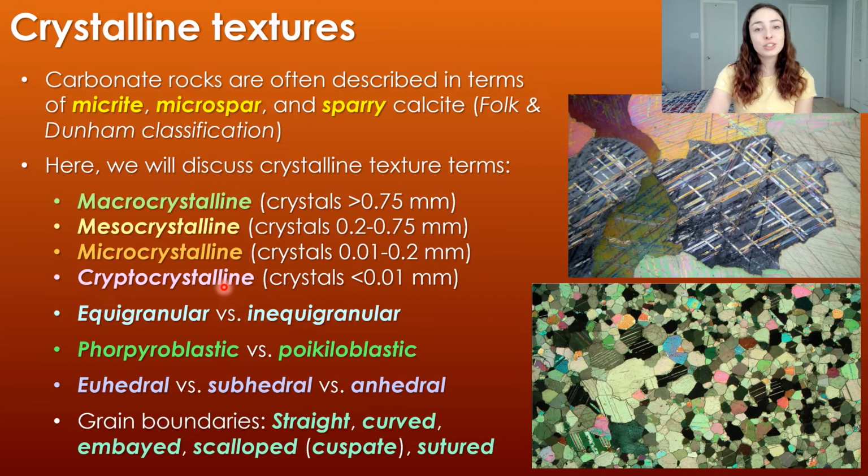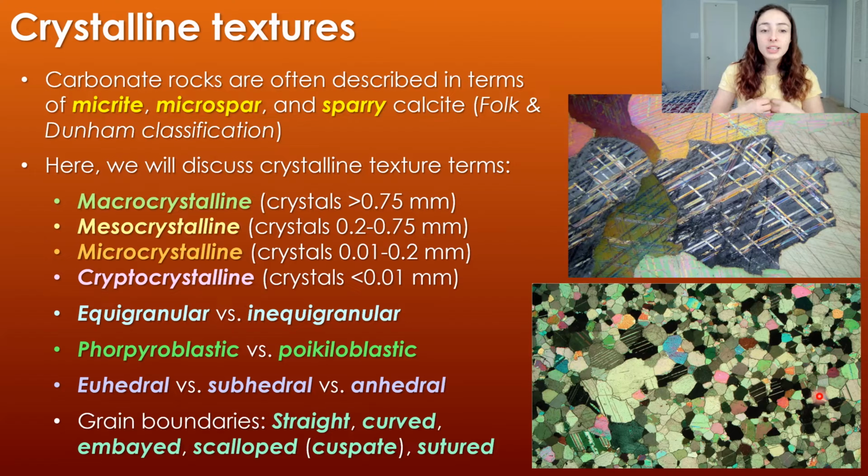But these aren't the only terms that we'll use to describe textures in crystalline or chemical rocks. There's also terms to describe whether the grains in the rock are equigranular or unequigranular. In terms of detrital fragments, we talked about this as sorting. But when we're talking about chemical precipitates, it's not sorting because nothing's sorting the grains in terms of transport and movement.